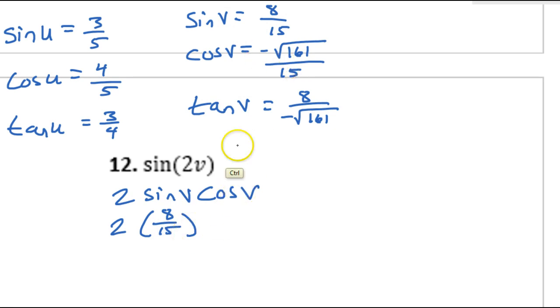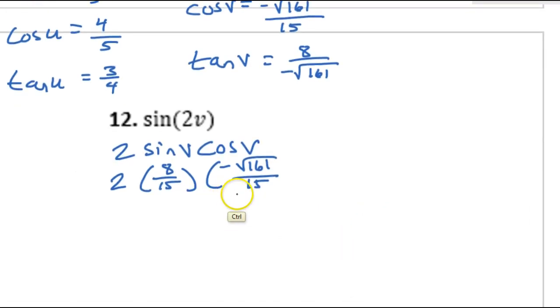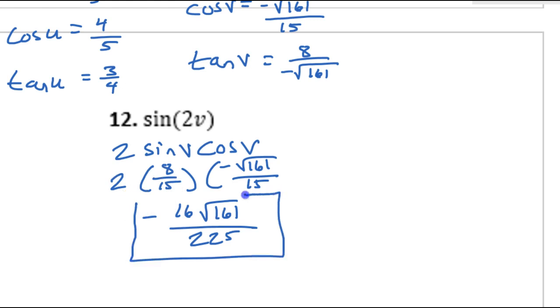And cosine of v is negative radical 161 over 15. So this is going to make negative 16 radical 161 over 225. And I don't think this simplifies at all.